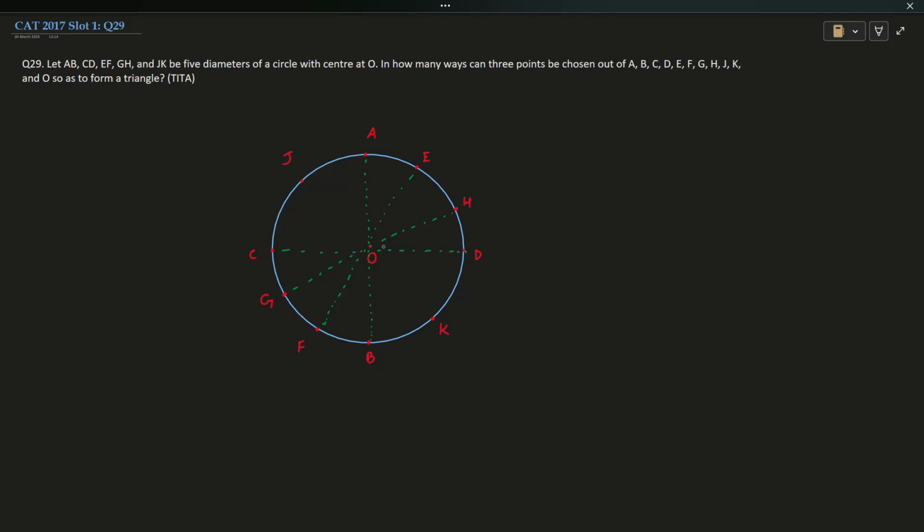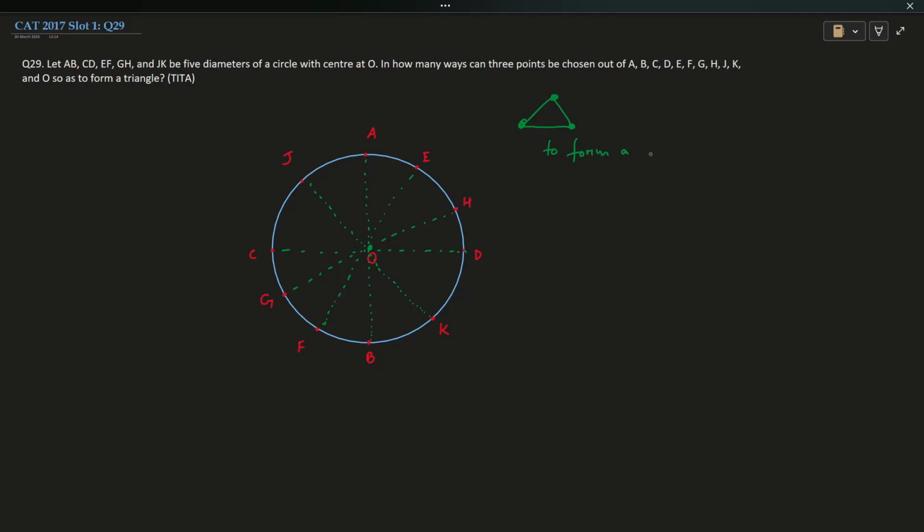So guys, you need to understand that to form a triangle you need 3 non-collinear points. What do I mean by non-collinear? See, this is a triangle, and these are the 3 points, and these 3 points are non-collinear.